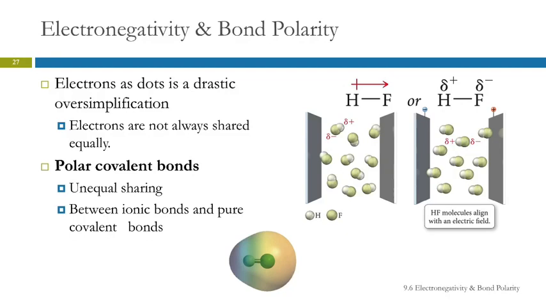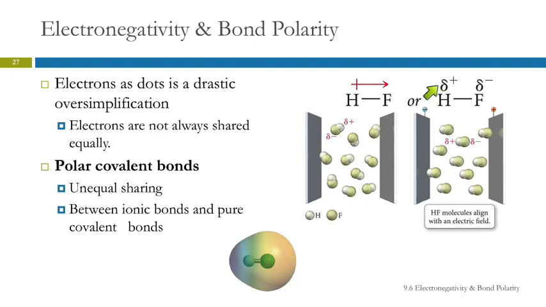So we represent that in different ways. One way is like this, where we've got the hydrogen and this covalent bond with fluorine, and the arrow has a cross at this one end, so it's like a plus sign. So the plus is at the side that's more positive, and the arrow points to the blanket hog. Or we can represent it this way with a lowercase Greek delta.